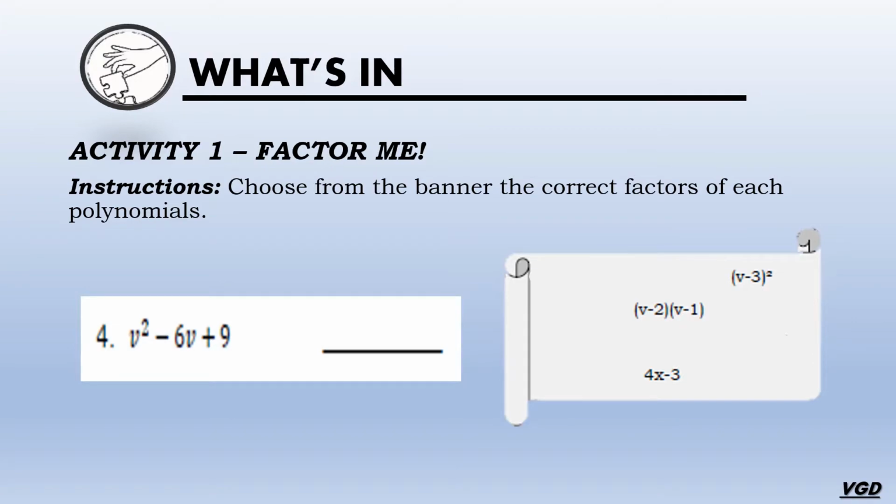Now let's have number 4, v squared minus 6v plus 9. As you can see with the pattern, number 4 is a perfect square trinomial. Following the pattern a squared minus 2ab plus b squared, we are expecting to have a factor of the quantity of a minus b squared. From the banner, the only factor with that pattern is this one, the quantity of v minus 3 squared.